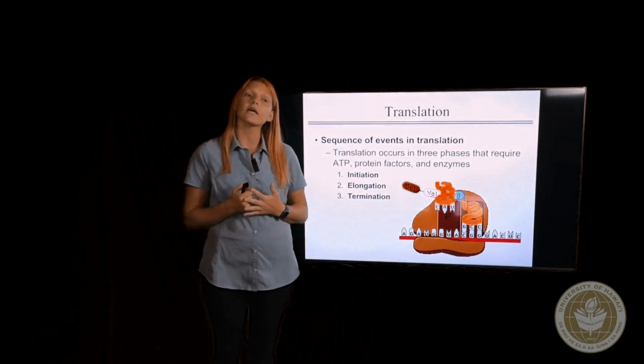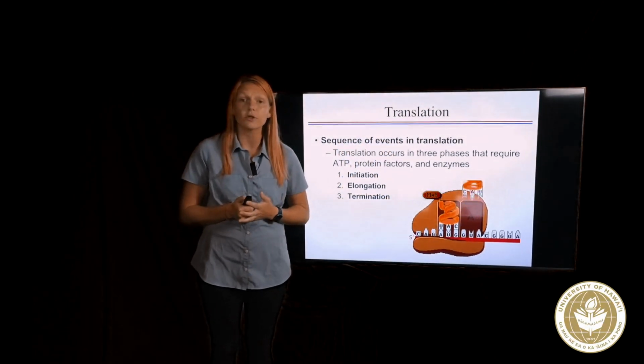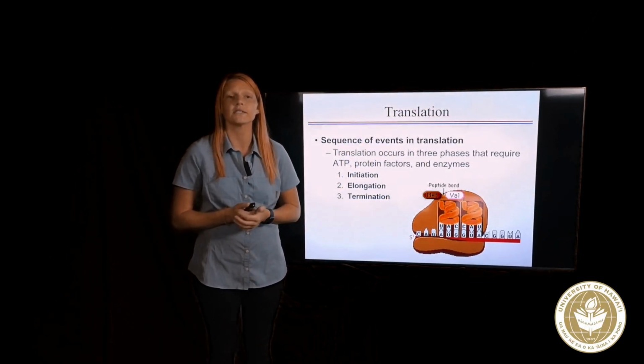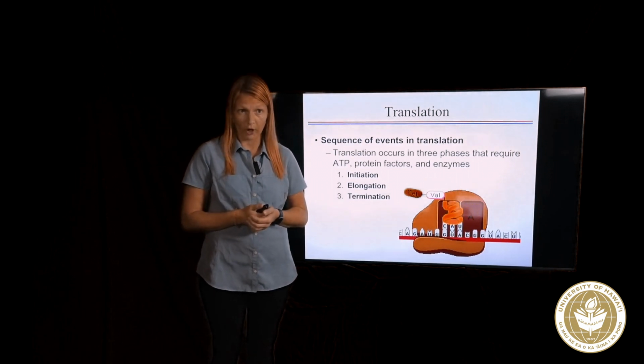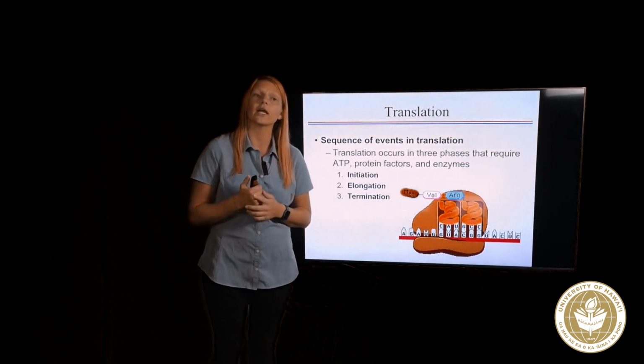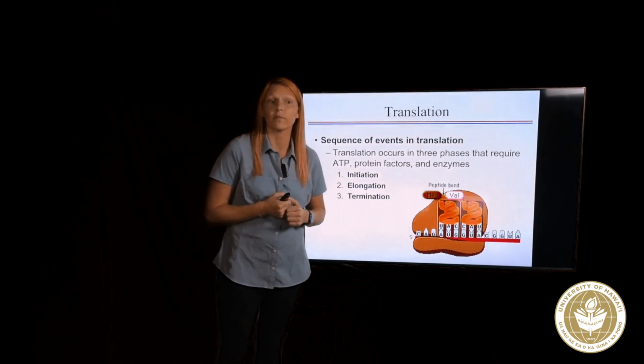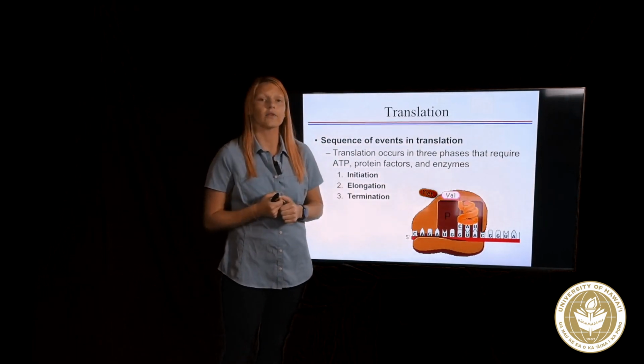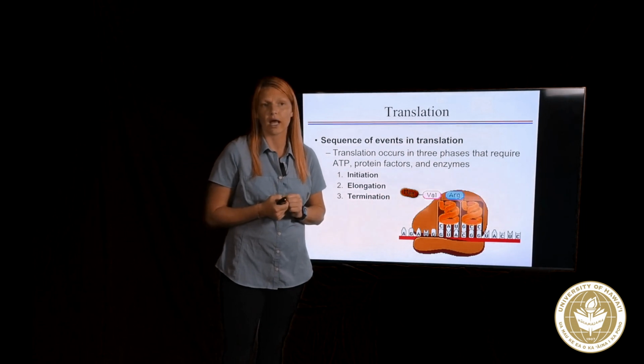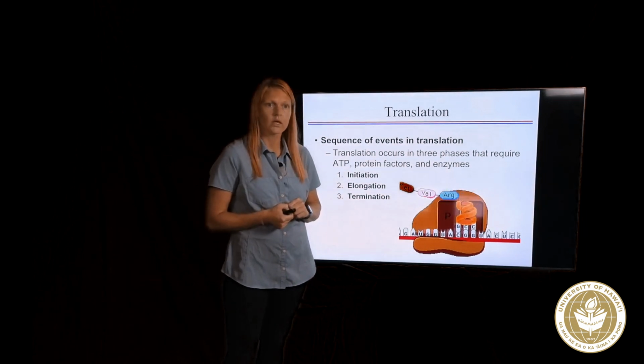So molecules of tRNA are responsible for matching amino acids with the appropriate codons in mRNA. Each tRNA, again, is going to have two distinct ends, one which binds to a specific amino acid, and the other which binds to the corresponding mRNA codon.